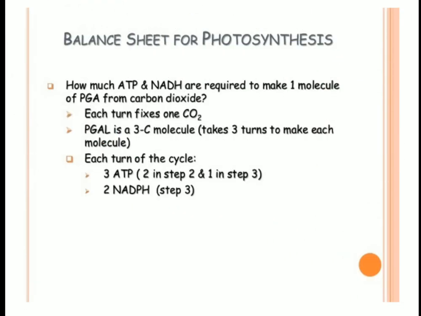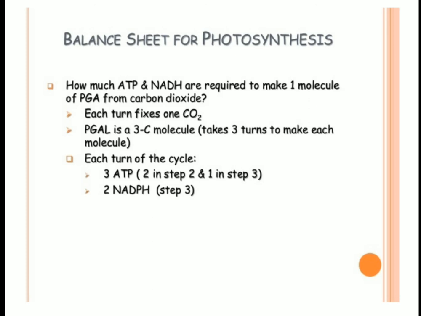Now, let me tell you the balance sheet of photosynthesis. Balance sheet means what is taken and what is returned back. That is, how much ATP and NADPH are required to make one molecule of glucose from carbon dioxide. 6 turns are there, and in each turn, one carbon dioxide molecule is fixed. Phosphoglyceraldehyde is a 3-carbon compound and takes 3 turns to make each molecule.